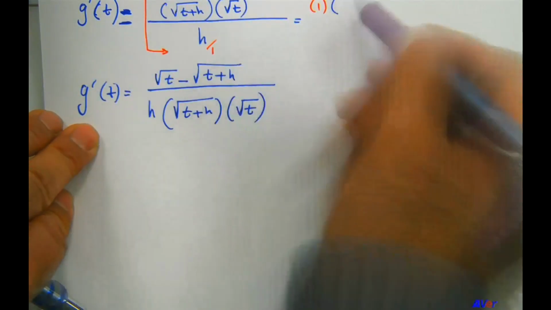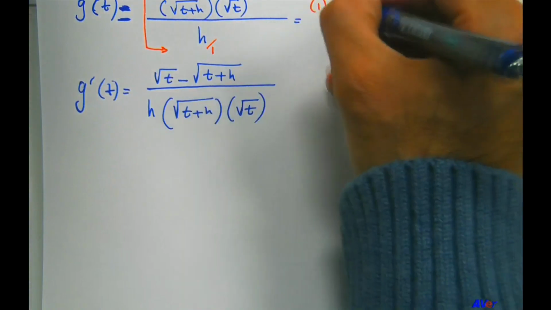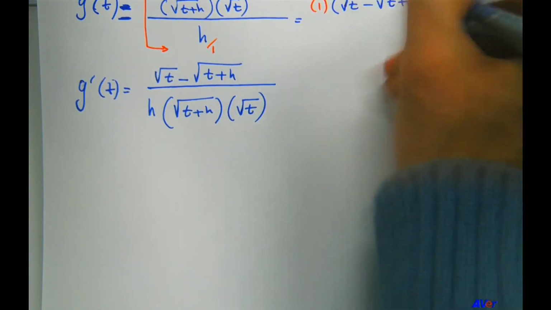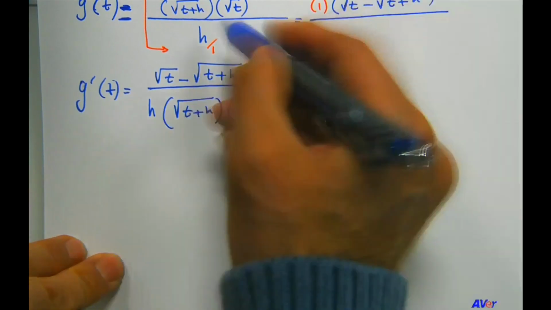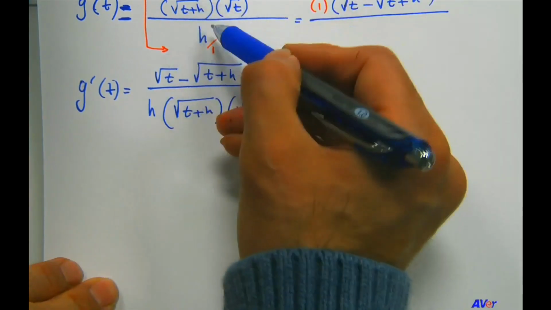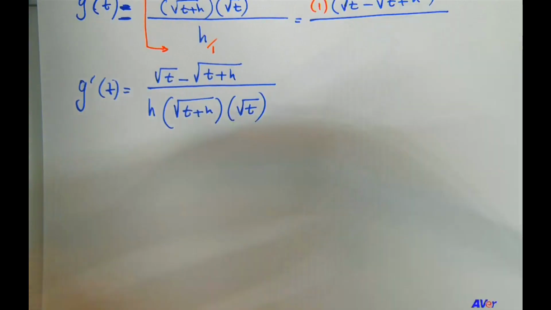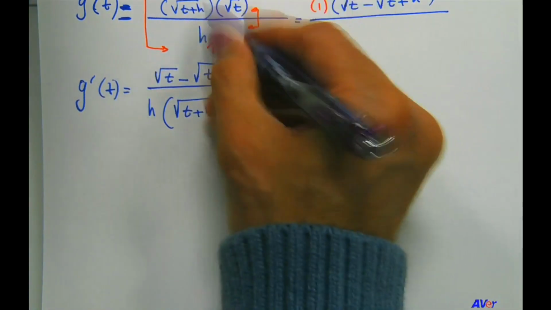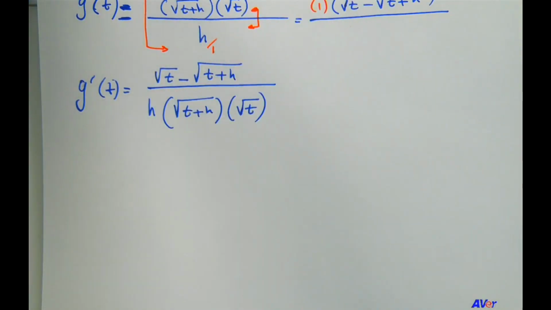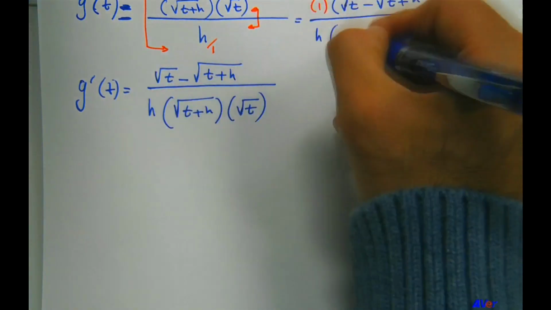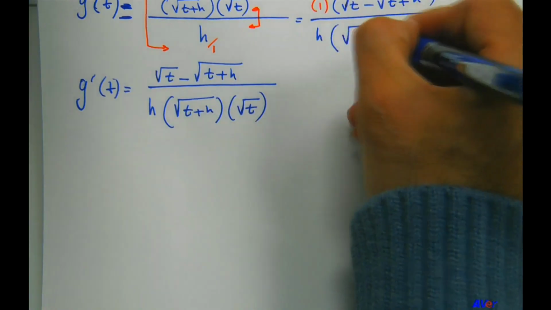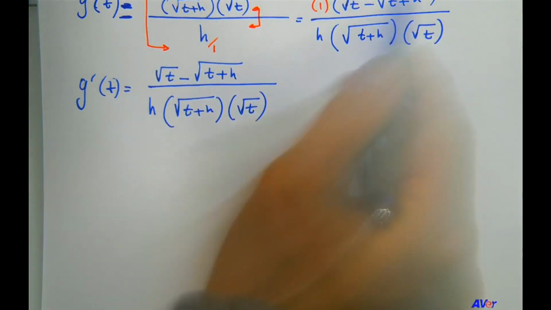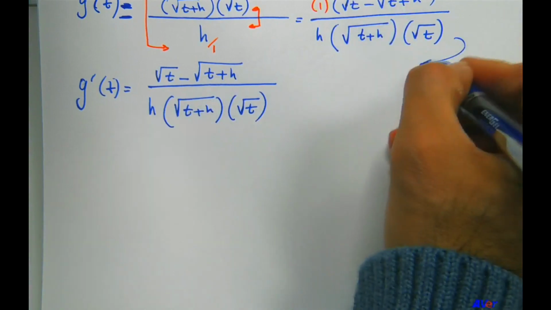Multiply them, put it in the numerator, divided by, now multiply the nearest terms by each other and put it in the denominator. So these are nearest each other, right? h times all of that. And that's why I get that, which is that.